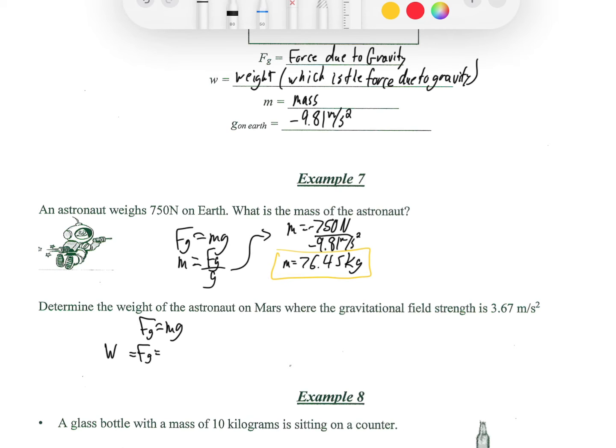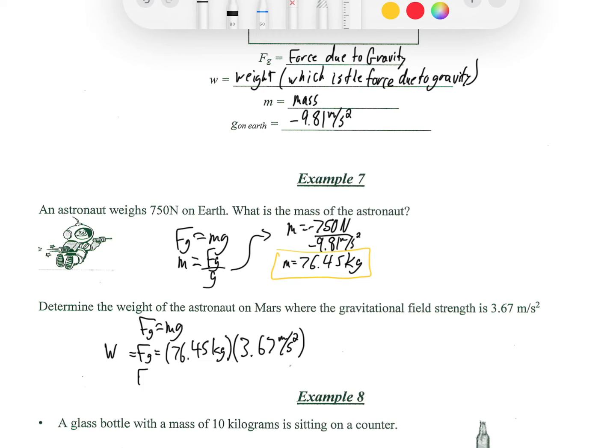It's going to be equal to the mass, which is 76.45 kilograms, times gravitational field strength on Mars, which is 3.67 meters per second squared. The gravitational field strength is the same thing as the acceleration due to gravity that we've seen before, just slightly different meanings to it, but the same number.